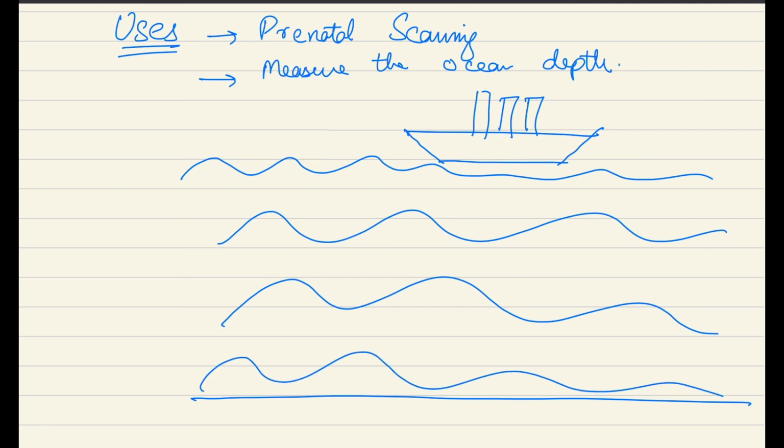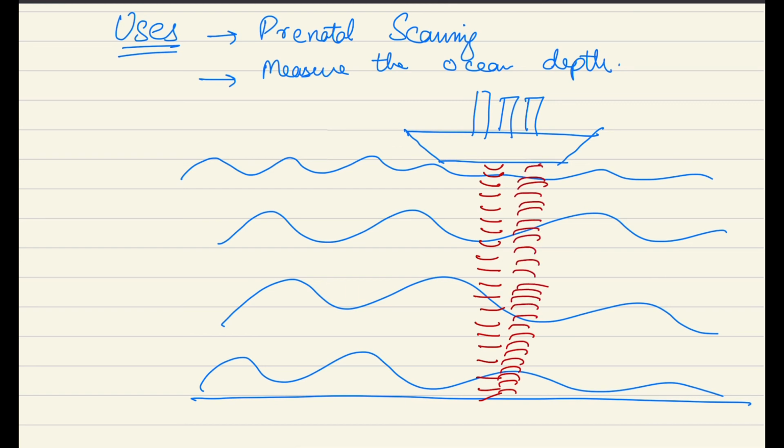So ultrasound waves will go like that. They will reach the bottom of the ocean, and from here they reflect back like that, and they will be detected at the ship.